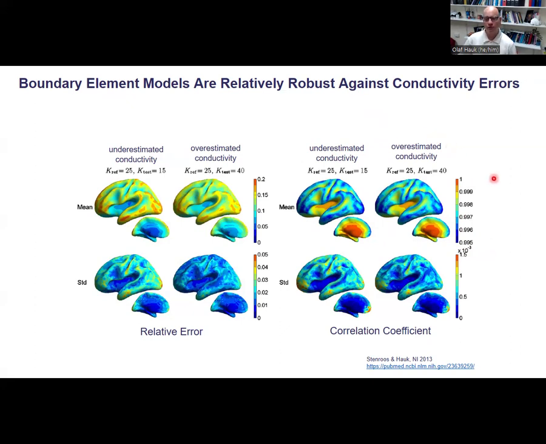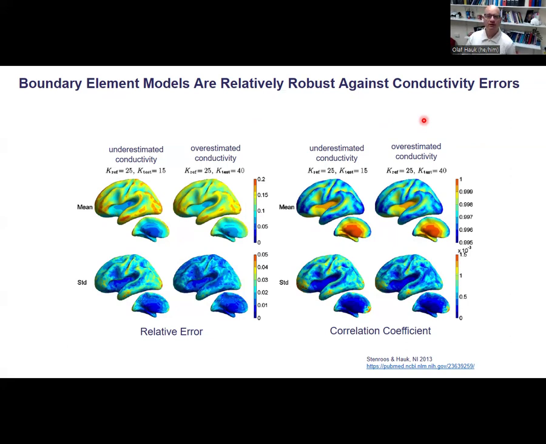And if you use distributed source estimation methods, minimum norm, beamforming, or the like, then it's usually the shape of the topographies that matters. The overall amplitude is basically just a scaling parameter, if you like. So we actually think that we can be sure that boundary element models are relatively robust against conductivity errors.